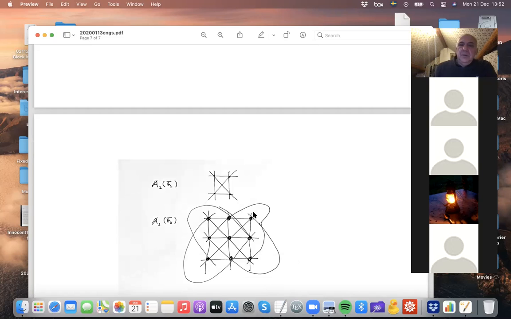So you can fix a prime number, or maybe even a prime power, but say a prime number Q. And then you can look at the finite field of this order, which means that you're looking at Z mod QZ.